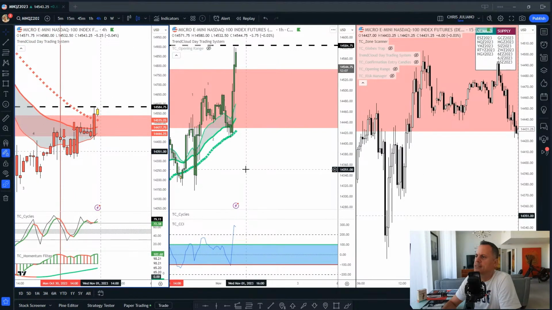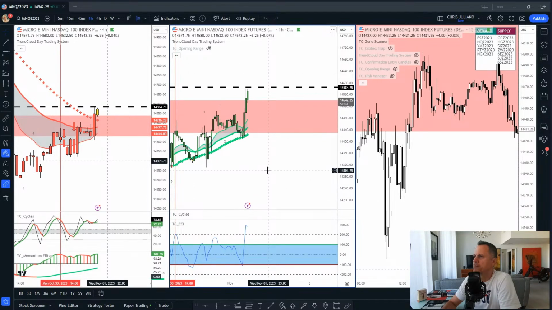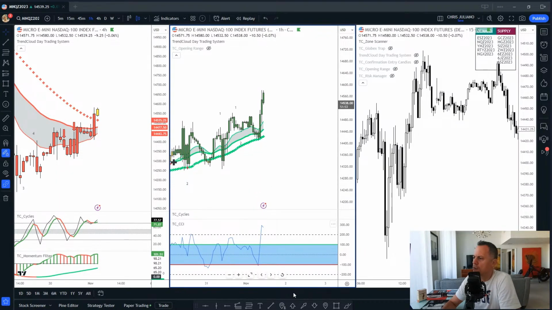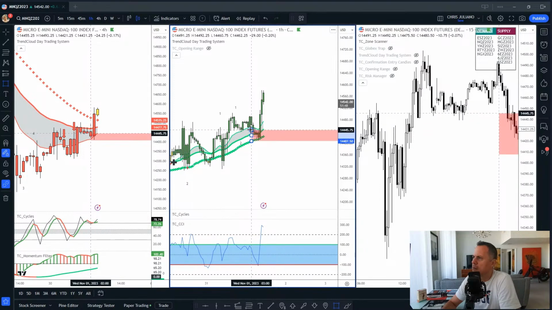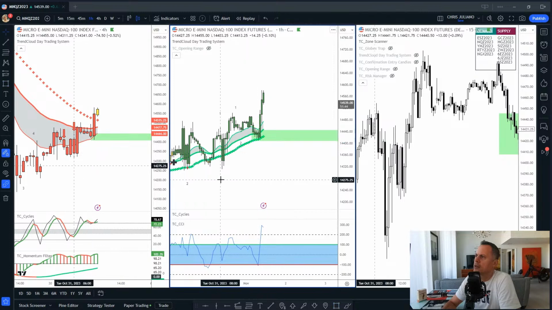Broke through. NASDAQ, same situation. You can see the zone right here. Okay, let's erase all of this. Look at that CCI, right? NASDAQ, very strong as well. There's your zone right there, right?